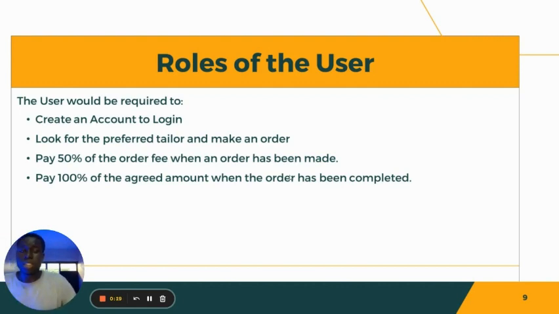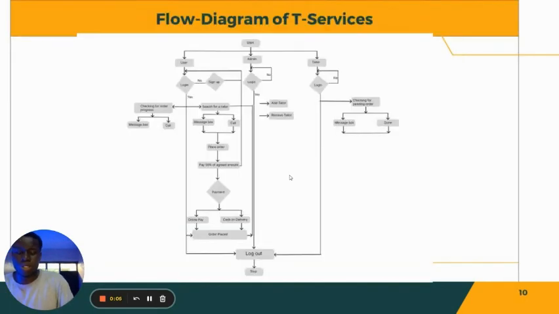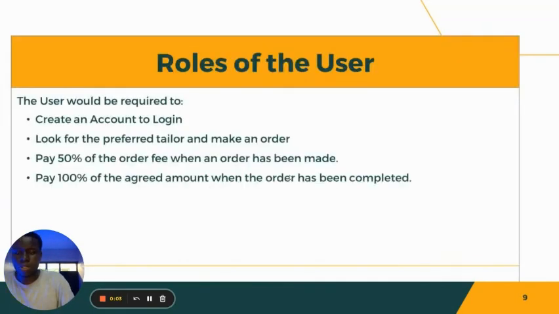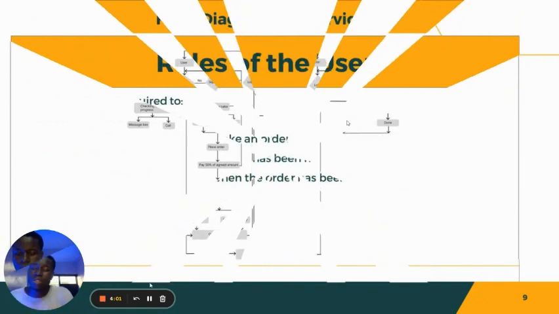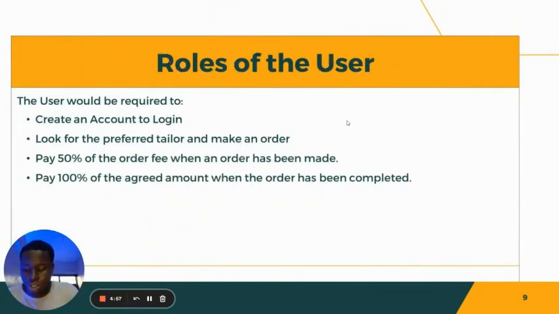Like I said when I was discussing tailors, some tailors have different kinds of services, and it's up to the customer to study these services and choose between them. The role of the user is to scroll through the app, find his or her preferred tailor, and make the order.